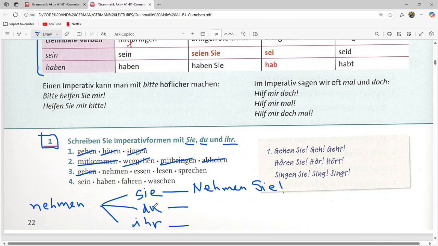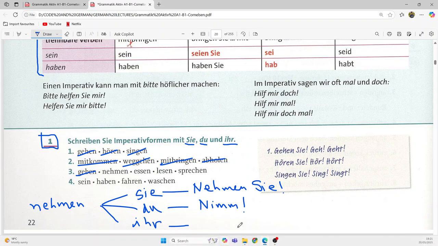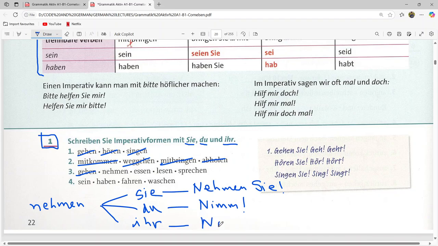Now in the du form the nehmen verb is nimmst, right? So st will not be used, so it will be just nimm, and the er form it will be just nimmt.